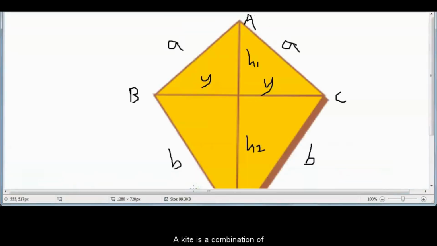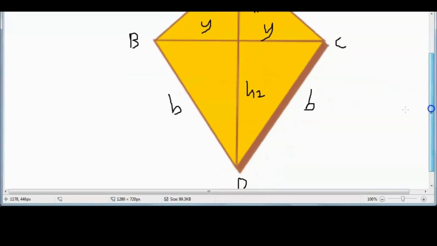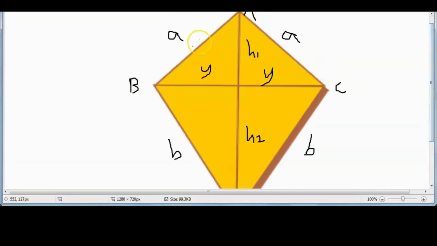A kite is a combination of multiple triangles, but the two basic ones are triangle ABC and triangle BCD. These two triangles have four sides, A and A, B and B. They are equal. A and A are equal, B and B are equal.